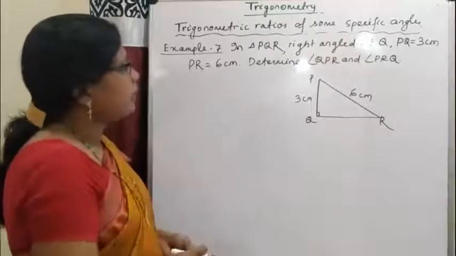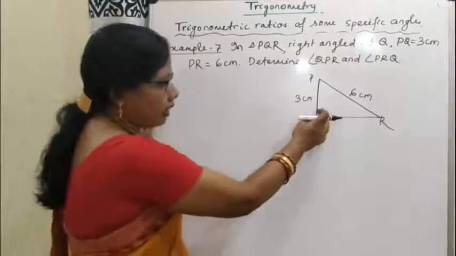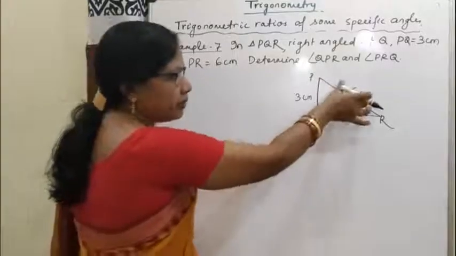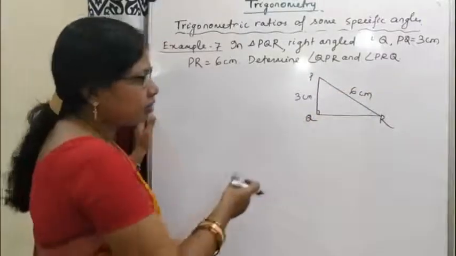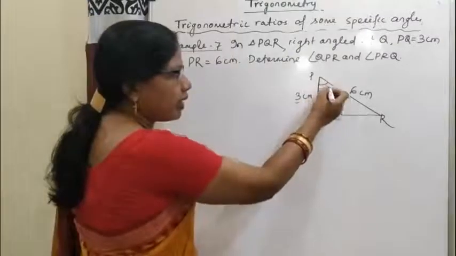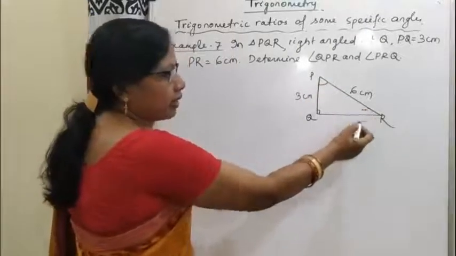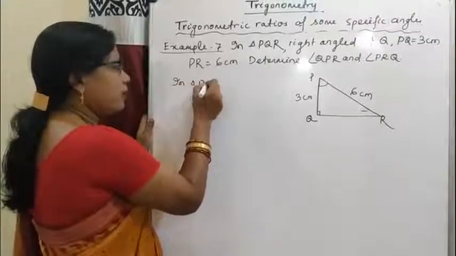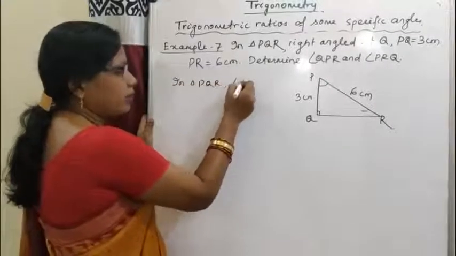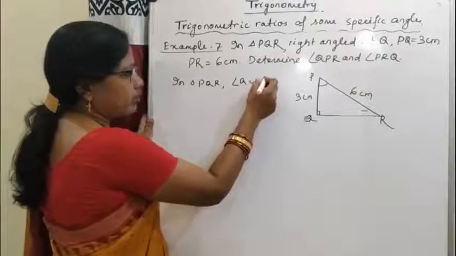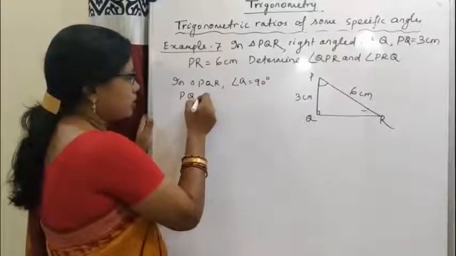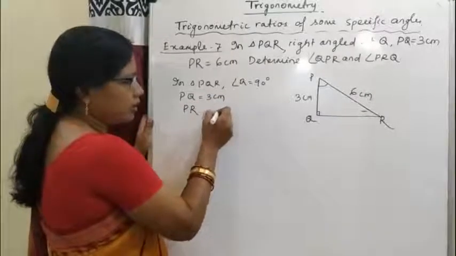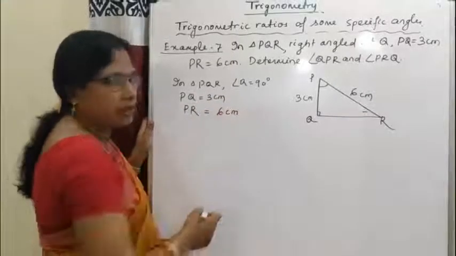Next example. In triangle PQR, angle Q is 90 degree, PQ is 3 centimeter, PR is 6 centimeter. We have to find angle QPR and angle QRP. It is given that in triangle PQR, angle Q is 90 degree, PQ is 3 centimeter and PR is 6 centimeter.